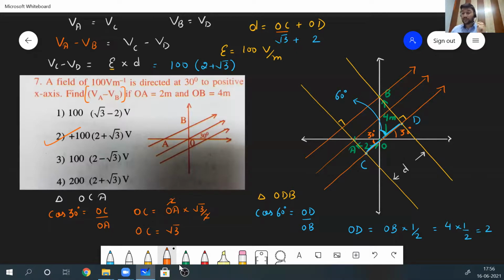Now which point is at a higher potential? Is it point A or point B? Point A is at a greater potential than point B. Why? Because we know for sure that along the electric field line, the potential decreases.